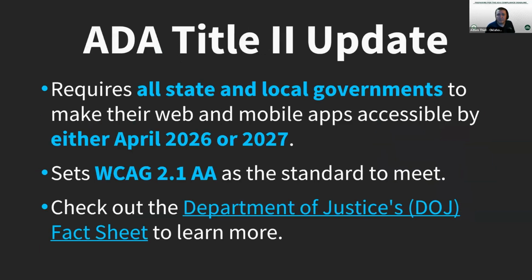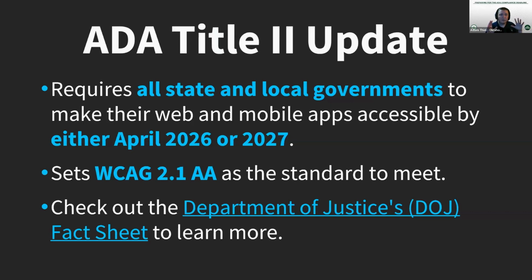So I mentioned the ADA. The ADA is broken up into 5 titles. Title II specifically deals with state and local government entities. That includes libraries, public schools, universities, any kind of governmental agency or entity.